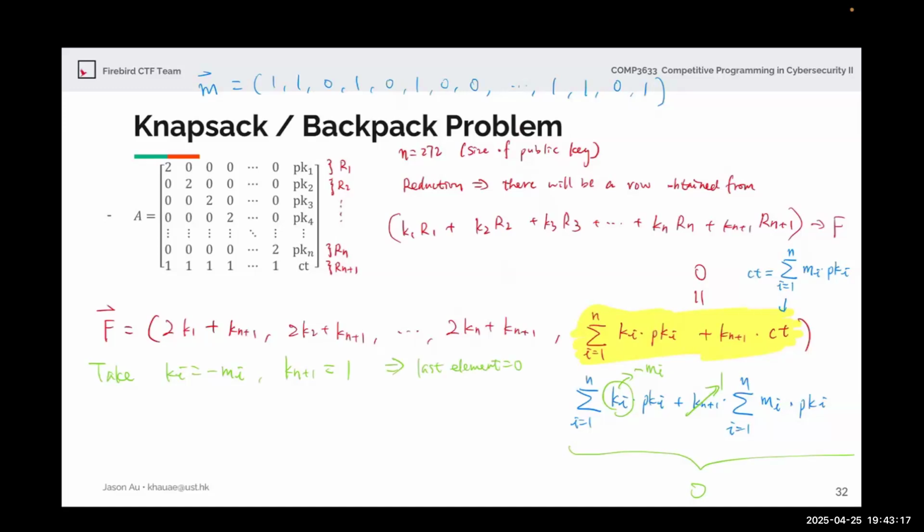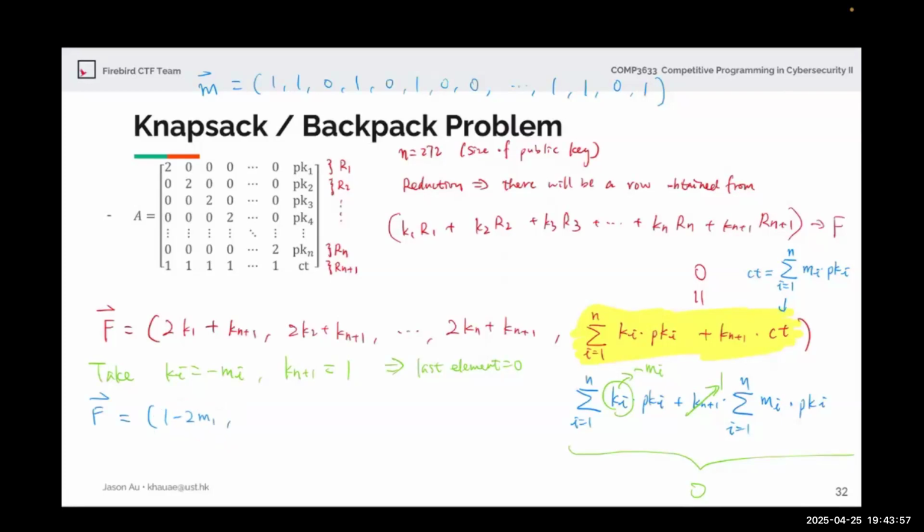After taking this value, we can write out the vector f, which is one of the rows after error reduction. So it is negative Mi plus 1, or we can reverse the order, that is 1 minus 2 Mi. This is the first element, m1.